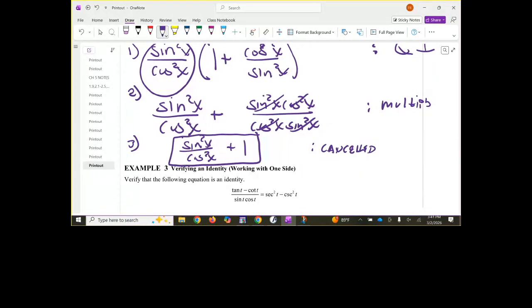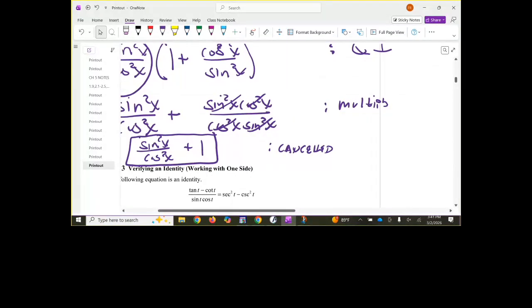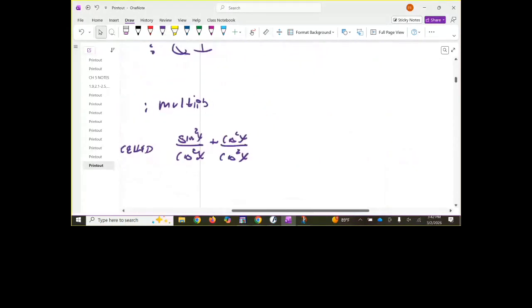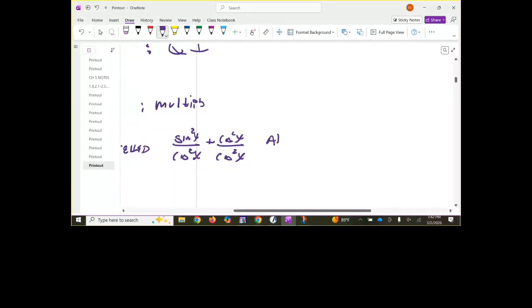Let's see if we can do some algebra and get a common denominator with those guys there. So we have sine squared x cosine squared x plus cosine squared x cosine squared x. That's just algebra.